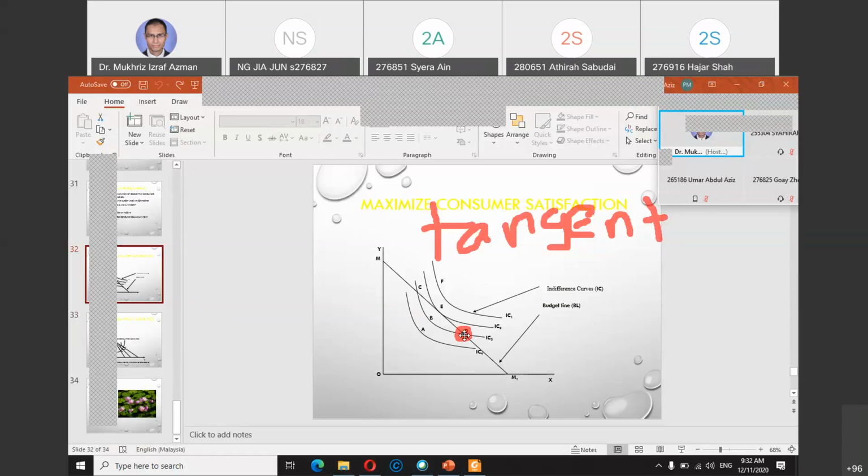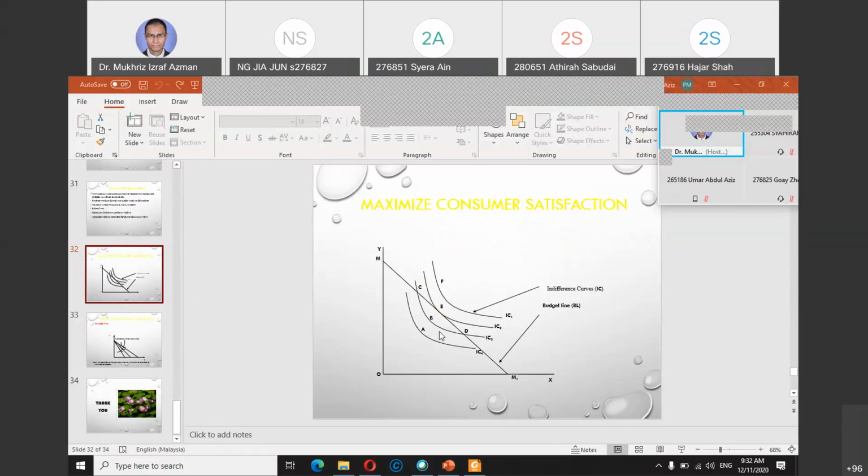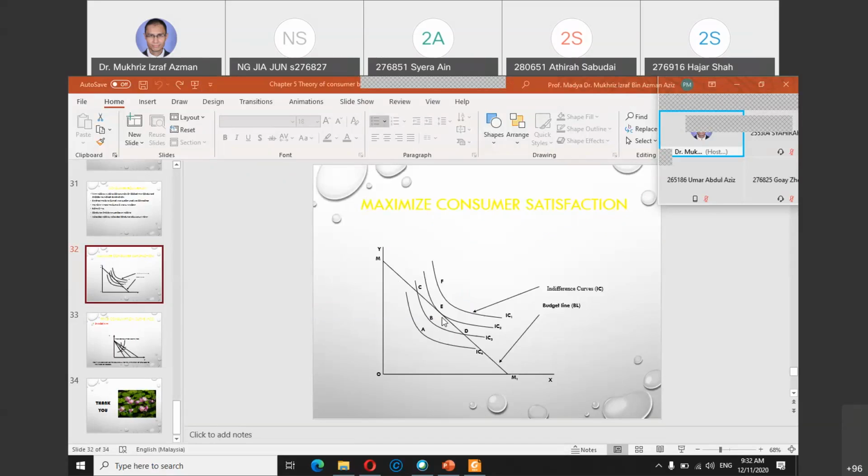This is not tangent. The same thing here. This point is when your budget line crosses your indifference curve. But the word tangent refers to this point here. This point is what tangent means. It is when your budget line only touches the indifference curve. Your budget line is merely touching one point of your indifference curve.